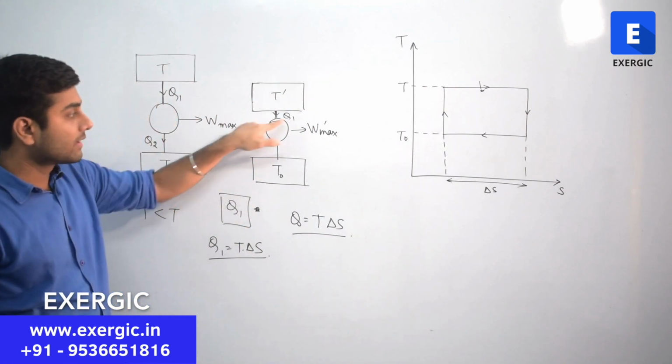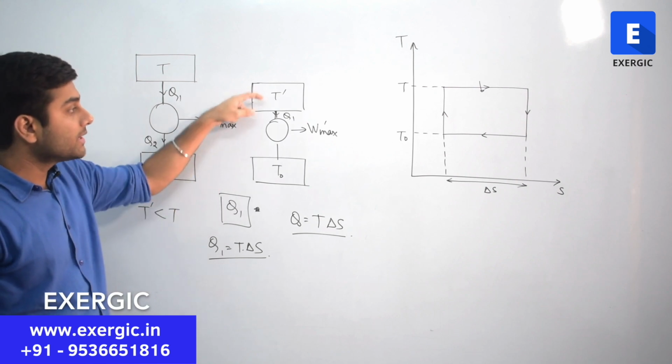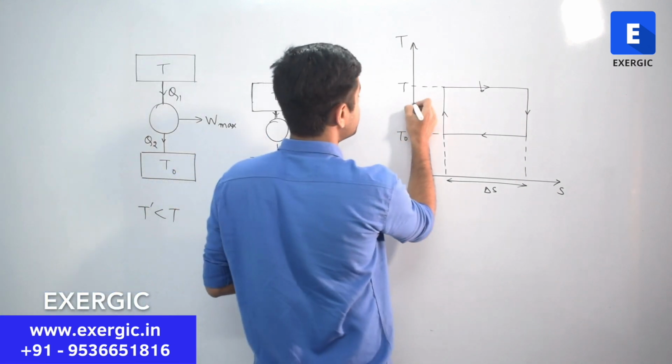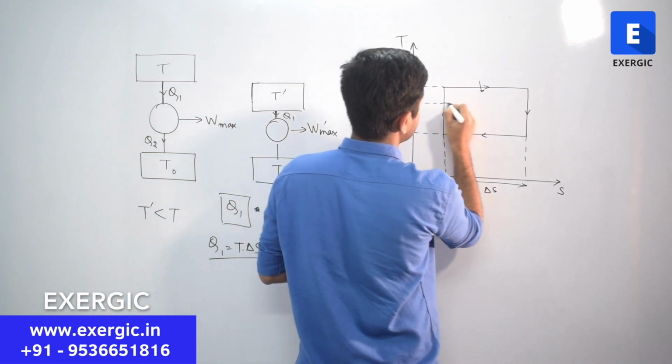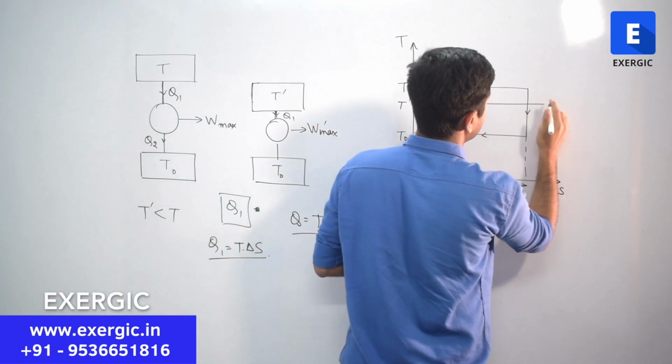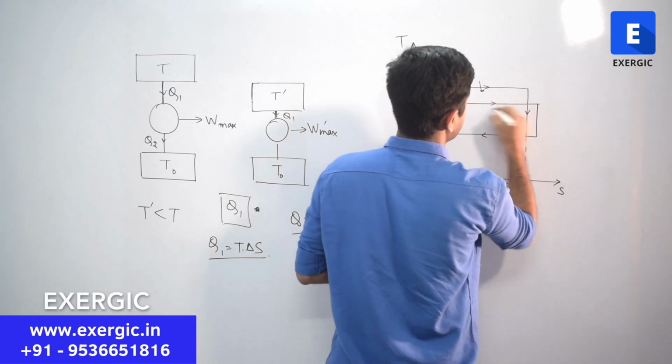In this case, we have kept the Q1 as same. The heat being supplied is same. But temperature has reduced. So let's say T dash is somewhere here. So the cycle now is going to be like this. How?